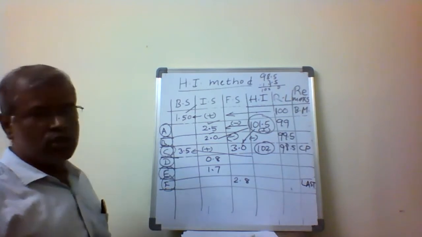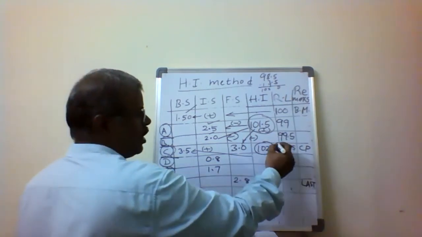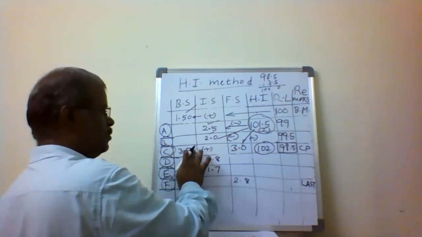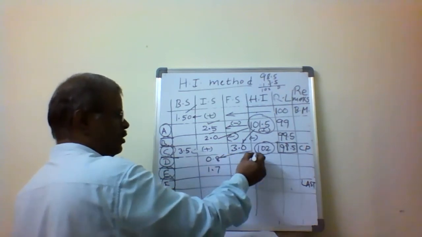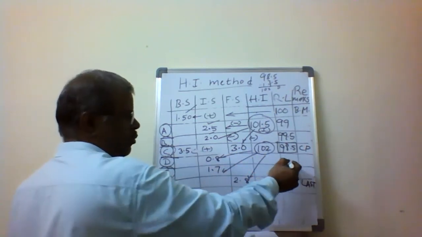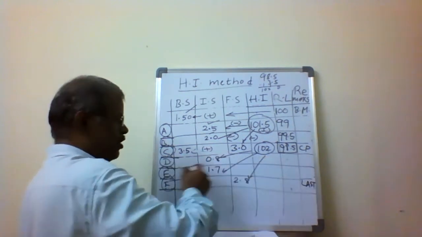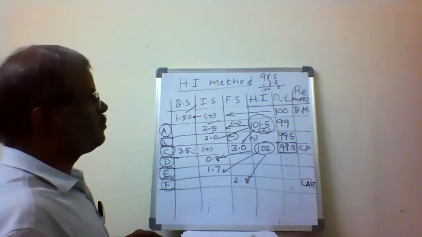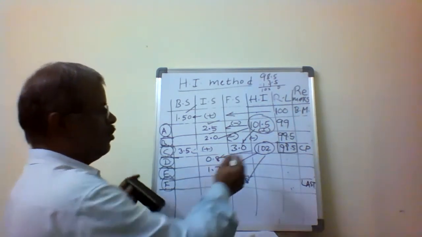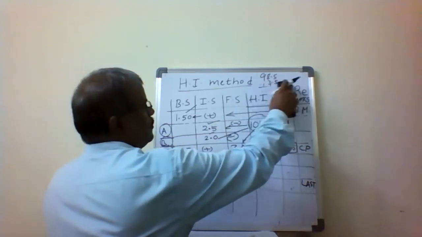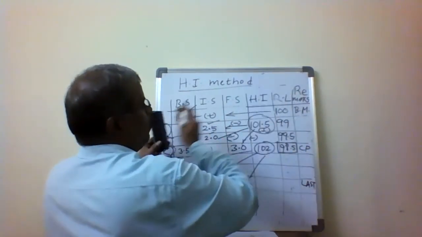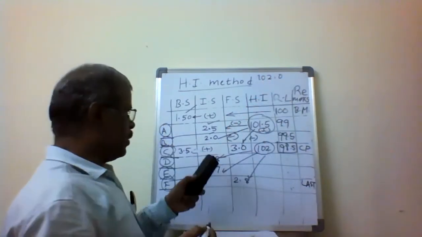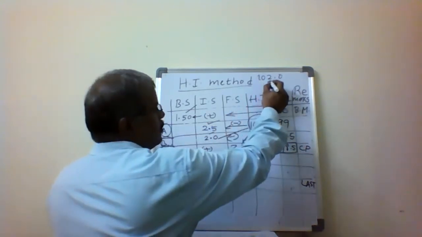So the next height of the instrument is 102, because we already know the elevation. From this 102, I'm going to subtract this one and this one, and I'm going to get the elevation of D, the elevation of E, and the elevation of F. Now 102, the height of the instrument, minus the intermediate sight 0.8.